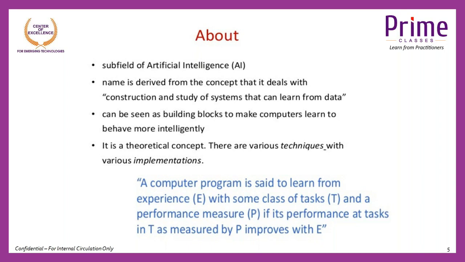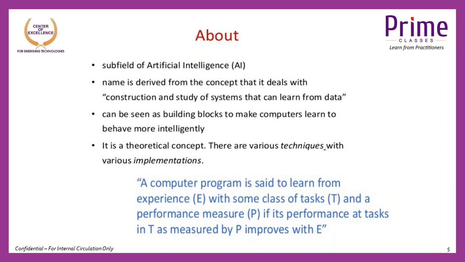That means a program is a machine learning program if it learns from experience E. If you represent experience as E, then the computer program is learning from that experience E, and I told you experience is nothing but time or more data, with some class of task T and a performance P. That means you have given some data to machine learning, and you have asked the machine learning to perform some task, and the performance is, let's say, 70% accurate. So you measure the performance as well, right? You give it a task and you also measure the performance P, right?